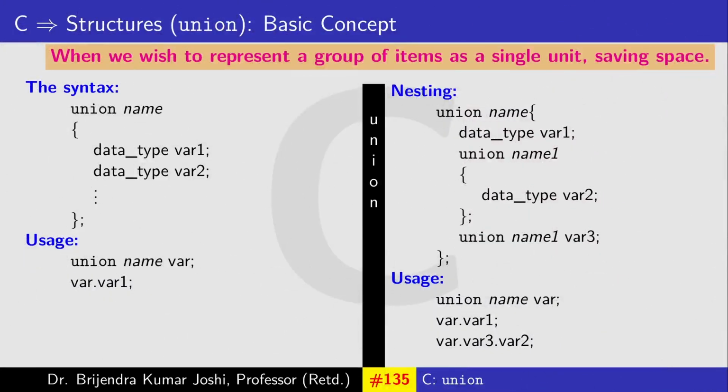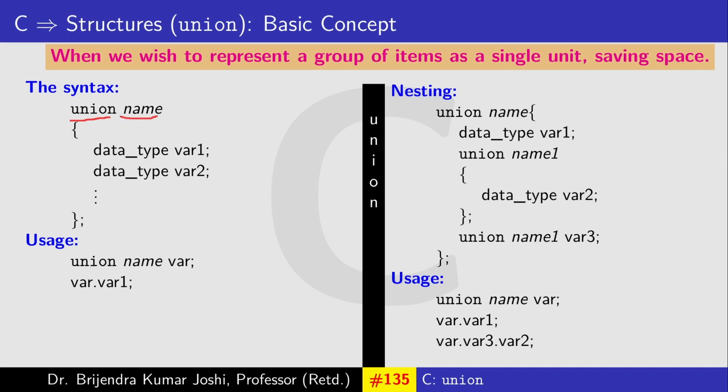When we wish to represent a group of items as a single unit, saving space, then we use union. Its syntax is similar to structure, like given here. Union is a keyword, so we cannot use it for any other purpose except the purpose it has been designed or defined for.